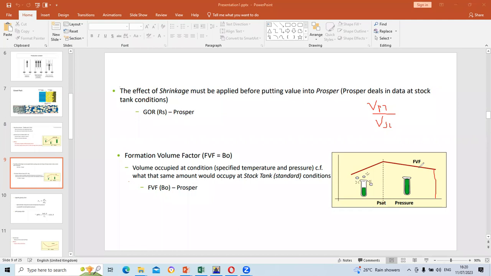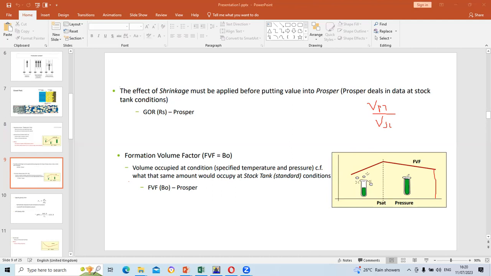This will come back to the concept of bubble point pressure. Above the bubble point, no gas is existing. So this increase in formation volume factor is not due to any effect of gas. This is due to what we call compressibility. So what you are doing when pressure is dropping is that you are reducing the pressure on top of the oil.